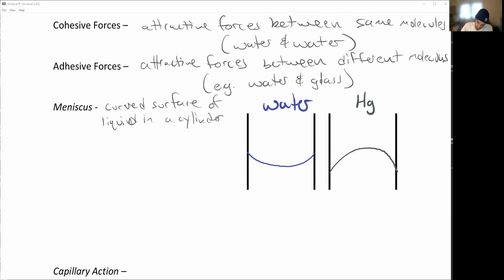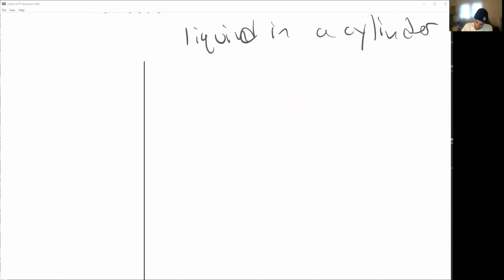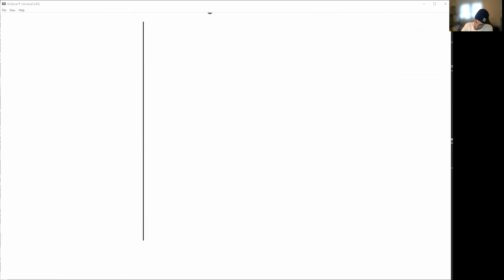So if we imagine this is the wall of our graduated cylinder, on the left-hand side I have glass, and on the right-hand side I have water. What exactly is going on here? Why is this curved? We can explain that with intermolecular forces.